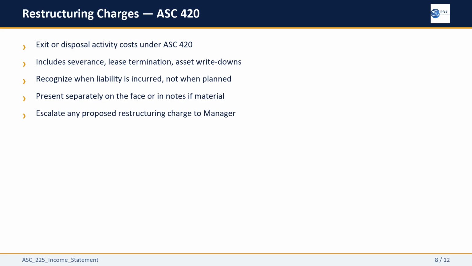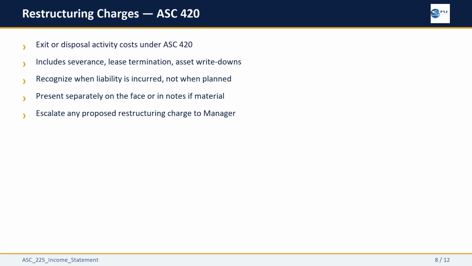Restructuring charges arise when a company exits a business activity or disposes of long-lived assets, things like employee severance, lease termination penalties, and write-downs of assets no longer in use. ASC 420 governs these costs, and the recognition rule is critical. You recognize the liability when it is incurred, not when management announces a restructuring plan.